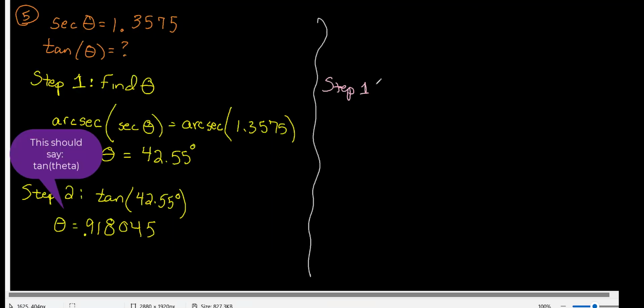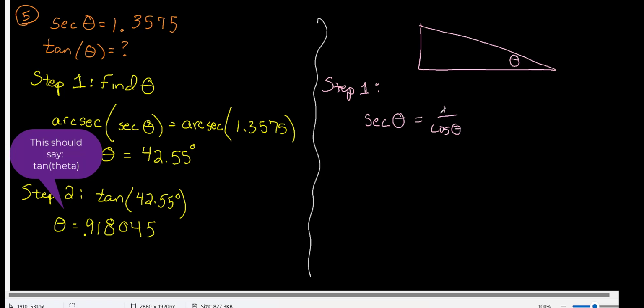Now, the other way to proceed with this would be to look at a right triangle. So I'm going to draw a right triangle here, and I'm going to label one angle theta. Now notice that secant of theta is the same as 1 over cosine. We know that cosine is adjacent over hypotenuse.